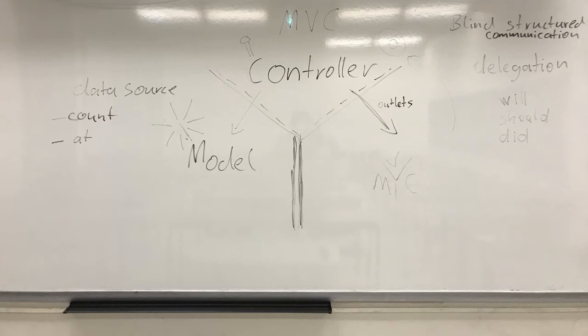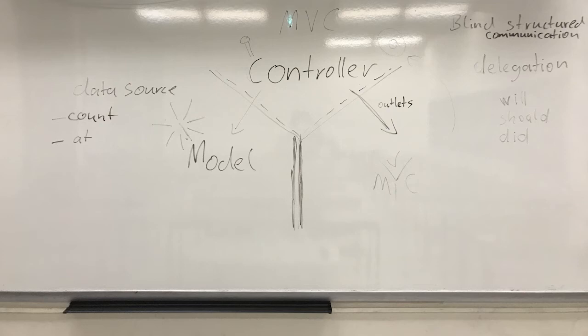We saw the target action. So an action happens on the view. We want to let someone know that something happened. With delegation, the view has a delegate. It lets the delegate know, oh, I just scrolled. Do something with it. I don't know what to do with it. I'm dumb. Please do something with it. Cool.